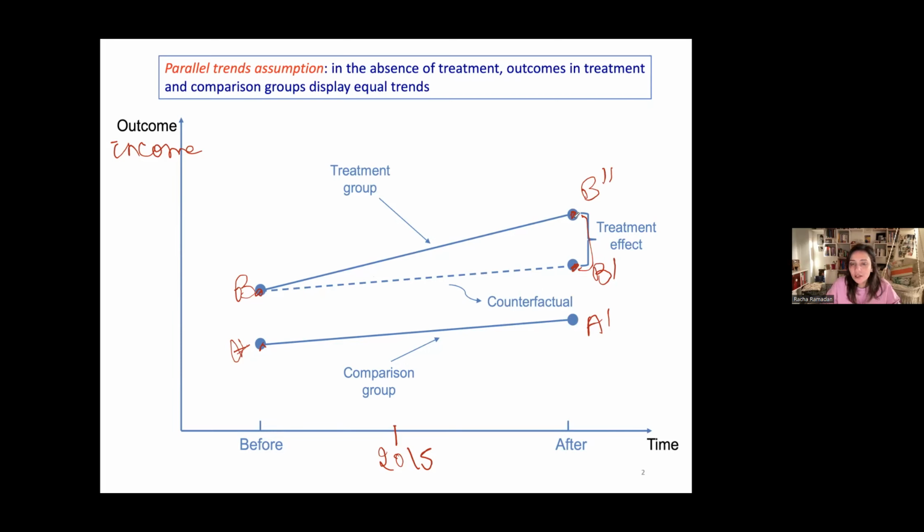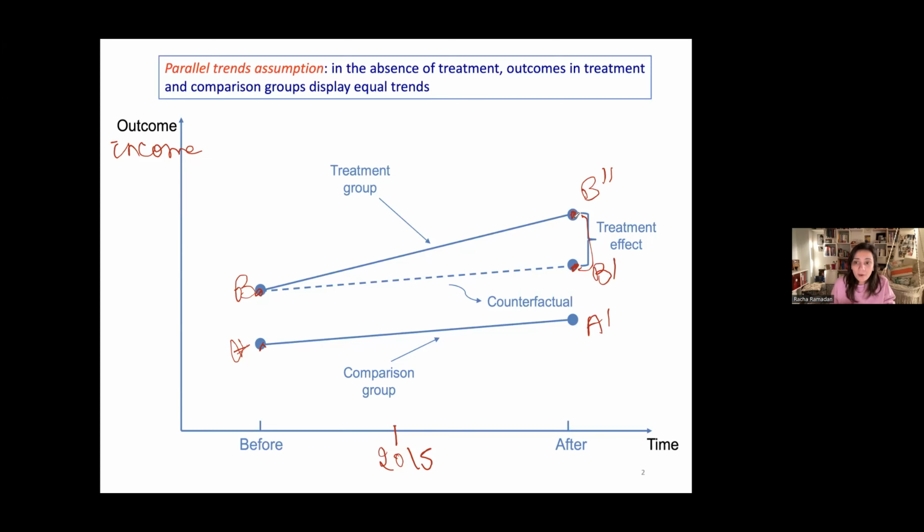So in this case, higher income. If we are talking about women empowerment, will be more empowered. If we are talking about the nutrition of children, will be better nutrition. And we can say that the difference between B prime and B double prime, this increase than what is supposed to be the situation, is due to the treatment effect or due to the fact that this group of individuals participated into the program.